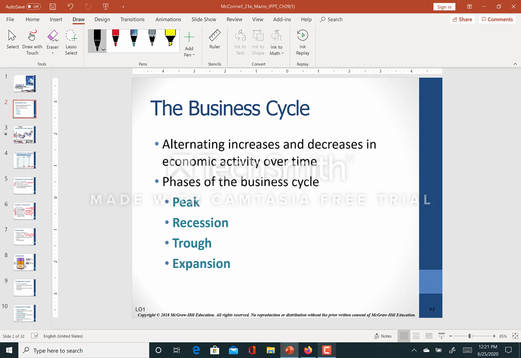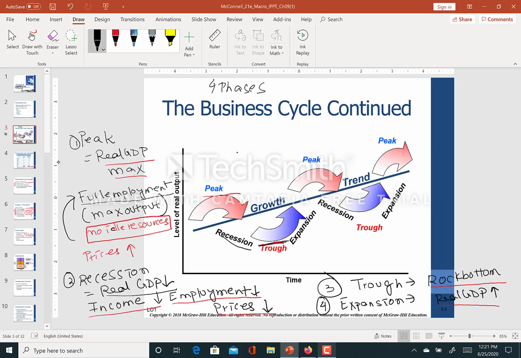We have 4 phases of business cycles: peak, recession, trough, and expansion. On the next slide, we have a graphical representation of these 4 phases. We look at peak. By peak, we mean the real GDP is at its max, and we are using all the resources.